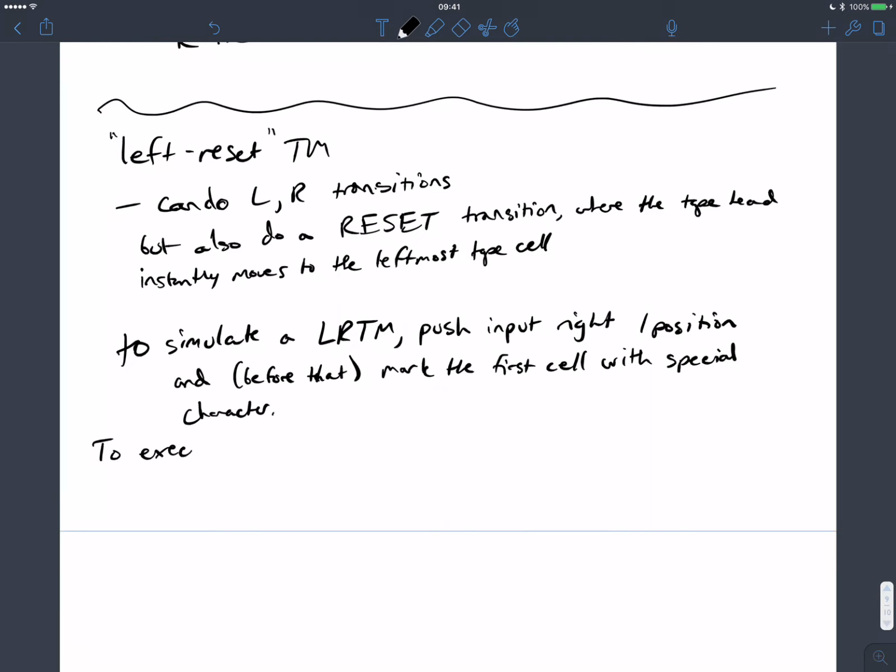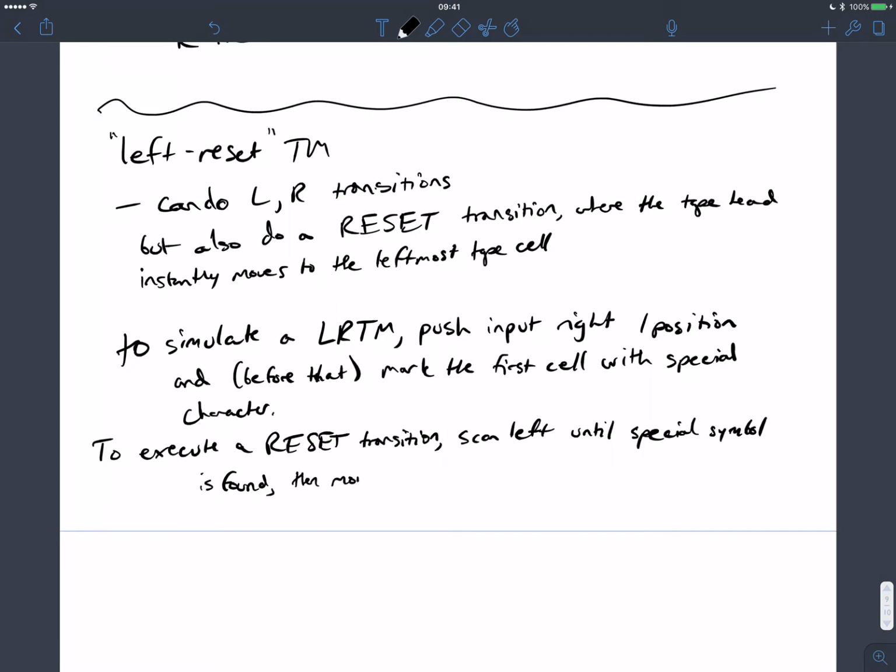To execute a reset transition, scan left until the special symbol is found, then move right.